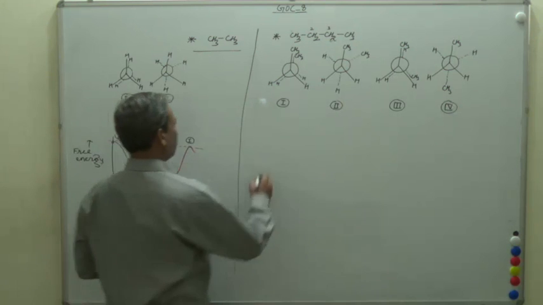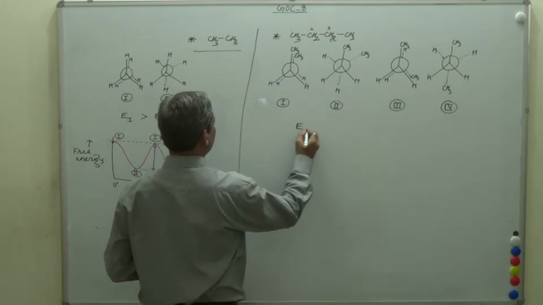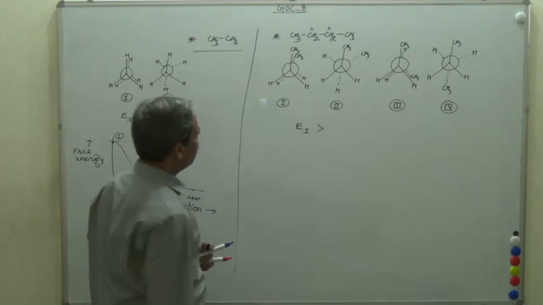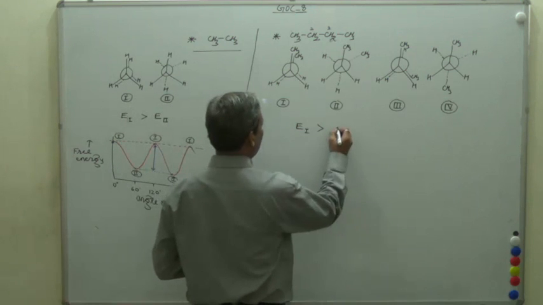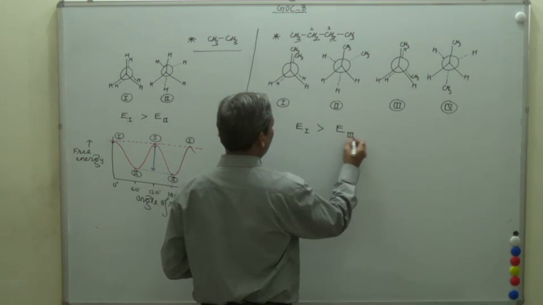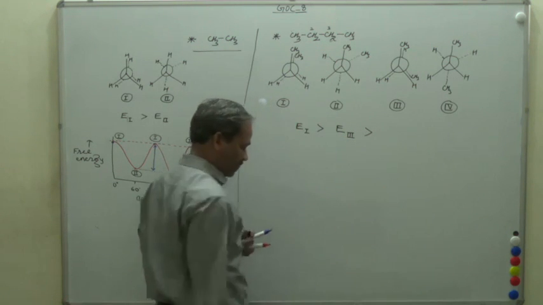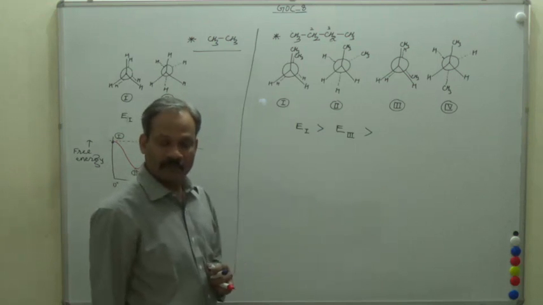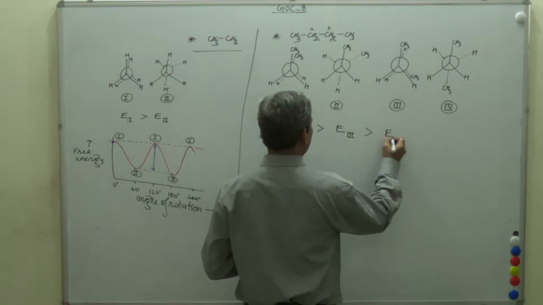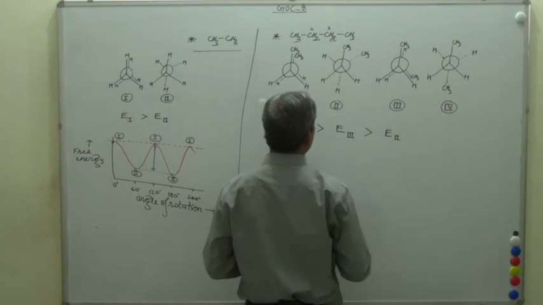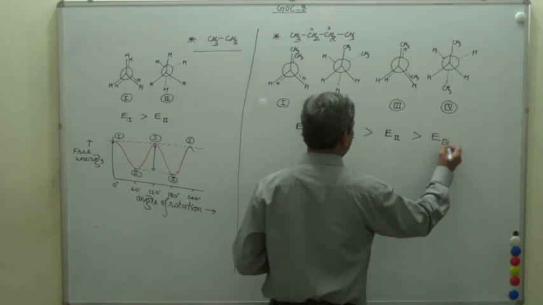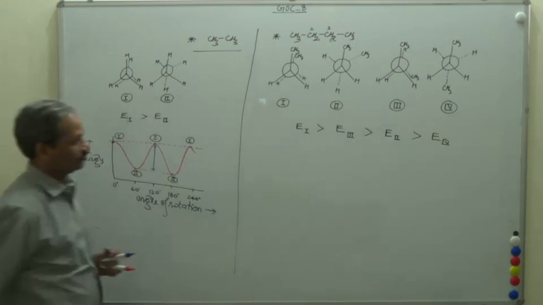Now we know the order of energy of these forms: the first is greater than the third, because the eclipsed form is less stable than the staggered form. So the energy content of the eclipsed form is more than that of the staggered form. Then the second form, and then the fourth form.